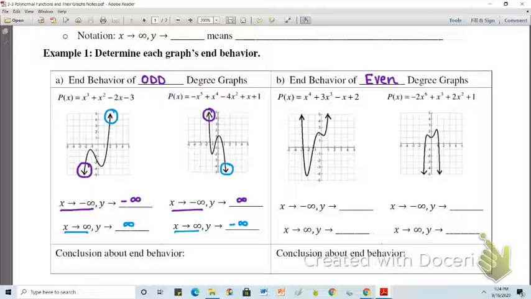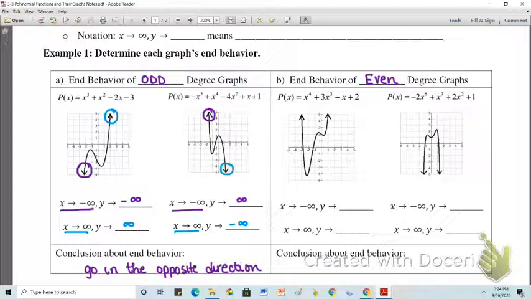For odd degree functions, you will notice they always go in the opposite direction. In other words, as one side of the graph goes up, the other one goes down. That will always happen with odd degree functions.